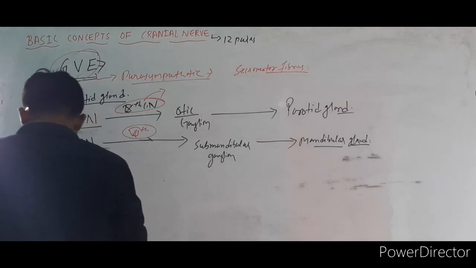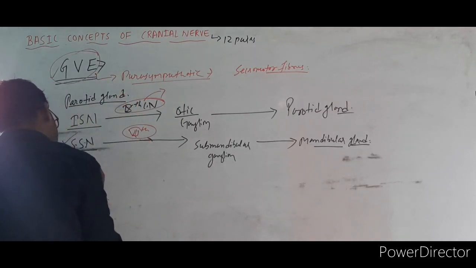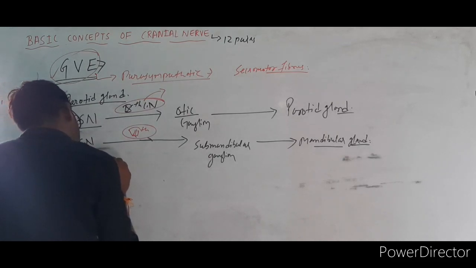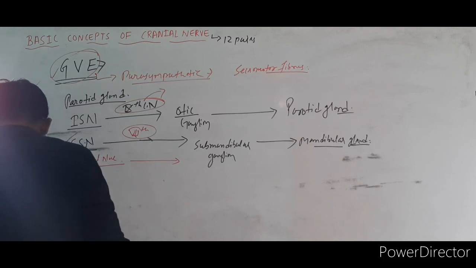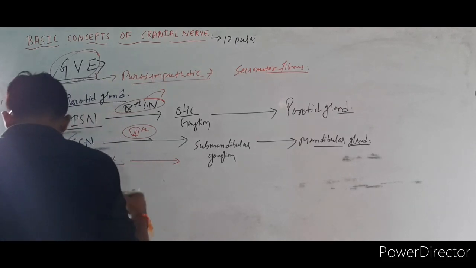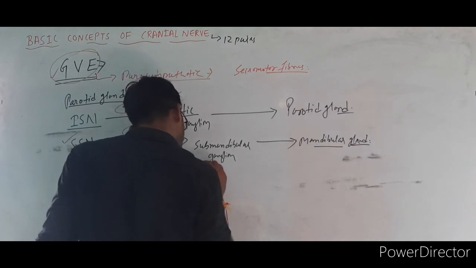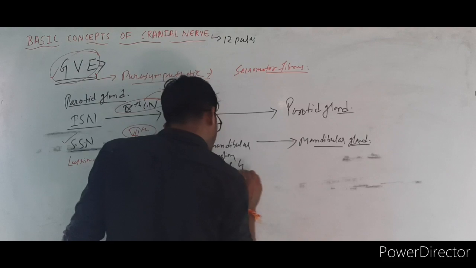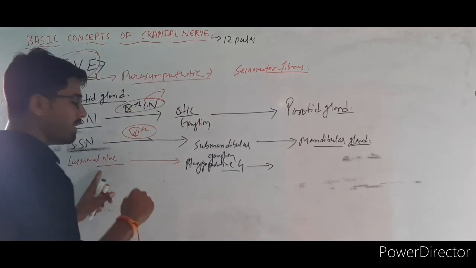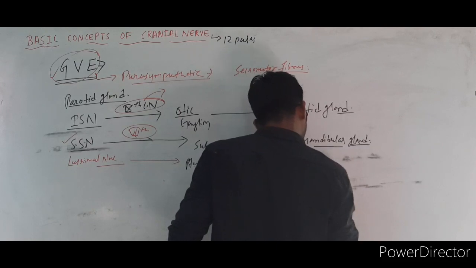One more is the lacrimal nucleus. This lacrimal nucleus supplies, going into the pterygopalatine ganglion, and then the lacrimal gland.